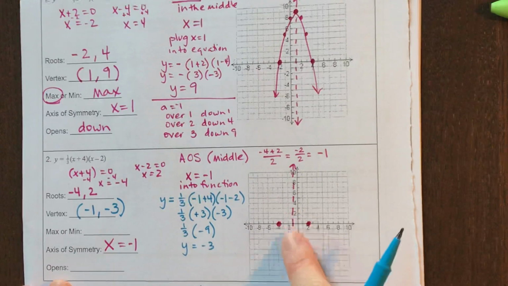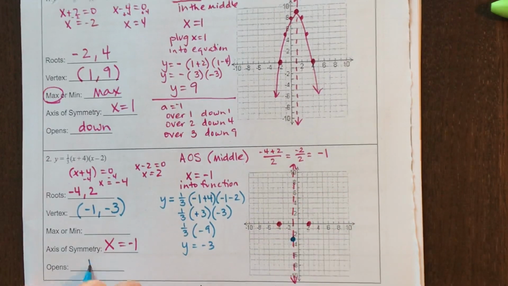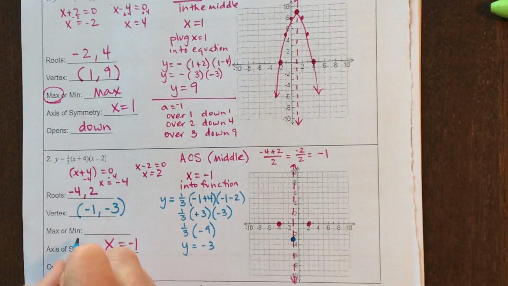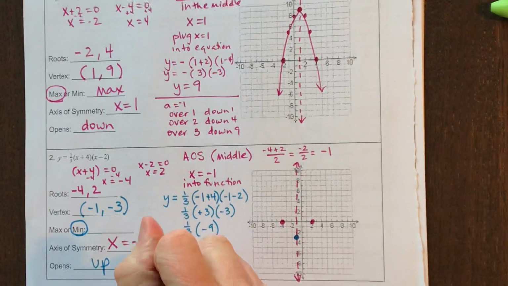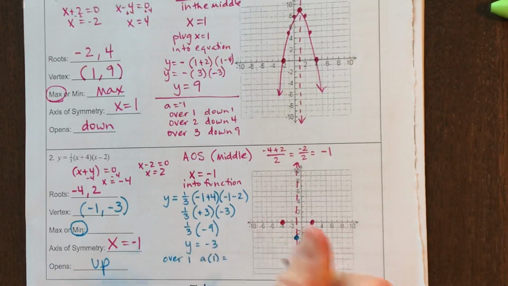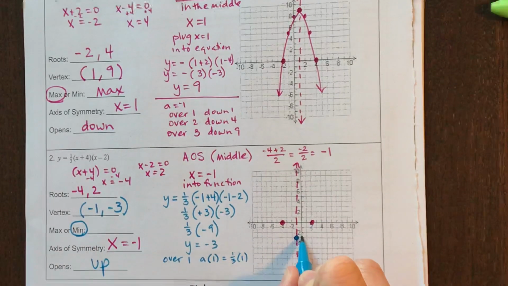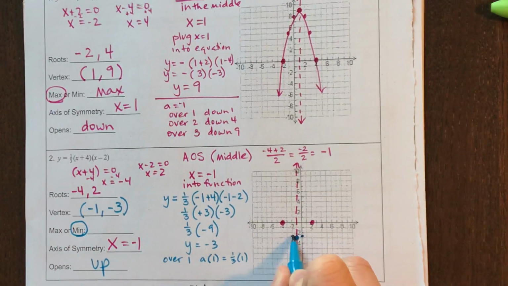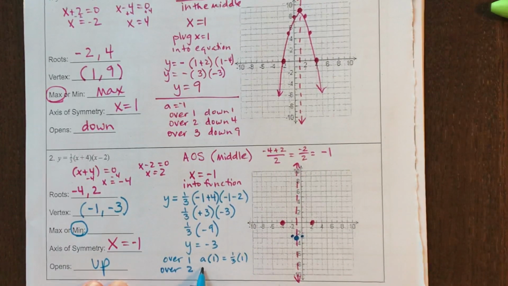Now, as I'm looking at my picture, because my A is positive, my graph should open up, which means this is going to be a minimum. Now what I need to do is connect these with a point. So usually we go over 1 and you take your A times 1, and our A was a third. So I'm going to go over 1 up a tiny bit, a third, and then over 2, usually we would go up 4, but now I'm going to go up a third of 4.